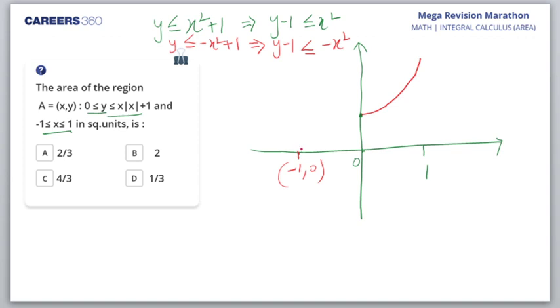And the x intercept, wherever it intersects the x-axis, y is 0, so x you will get as -1. So this is the curve, a downward parabola, and here an upward parabola. Am I right?